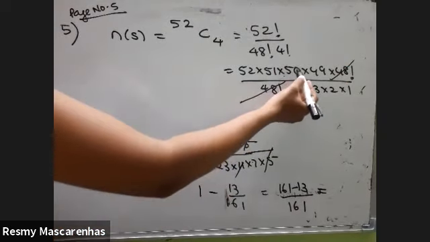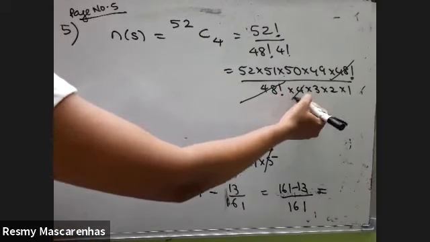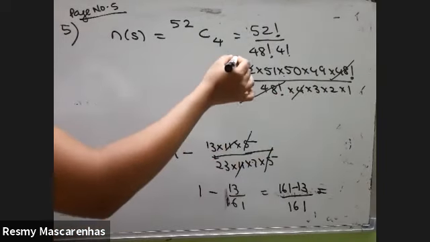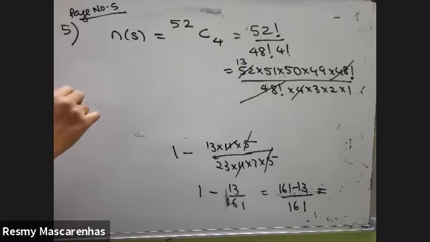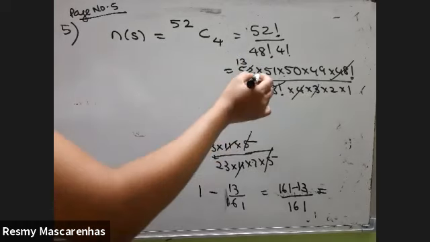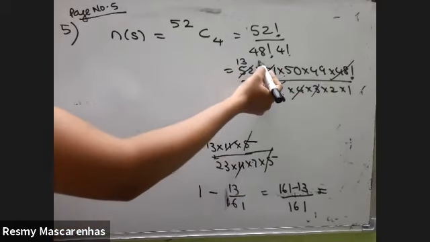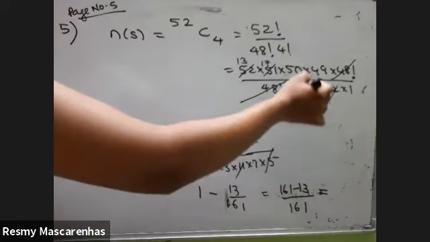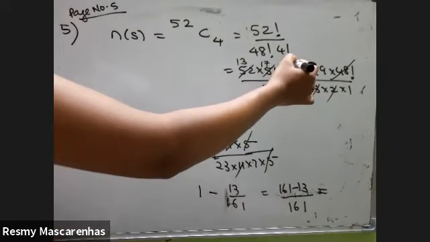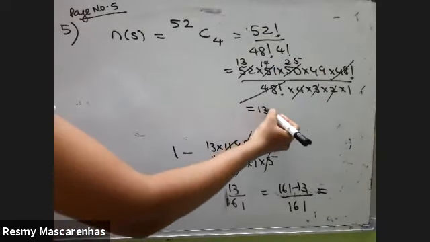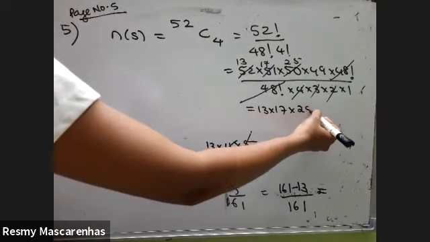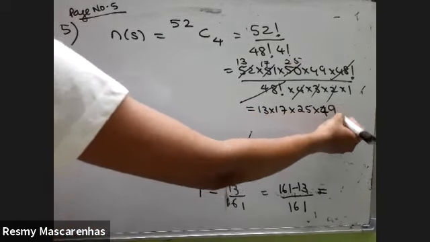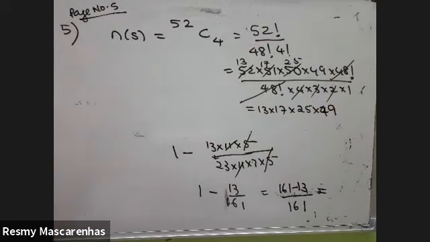Then 3, 3 1s are 3, 7. This will be 25. The answer is 13 into 17, 25 into 49. So keep it like this. So that's your sample space.